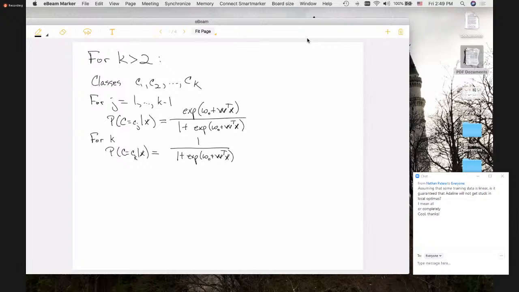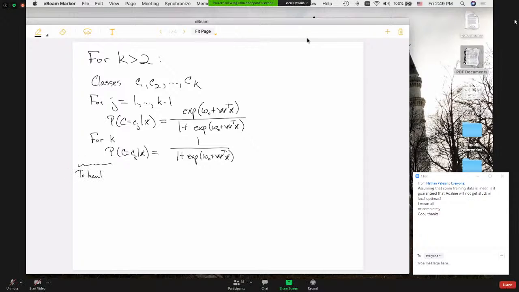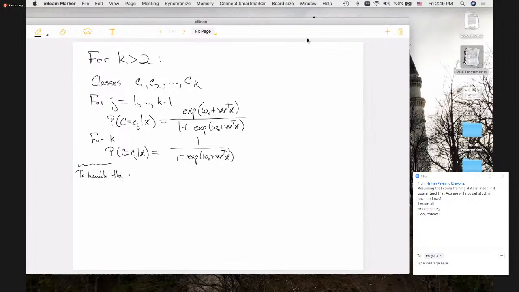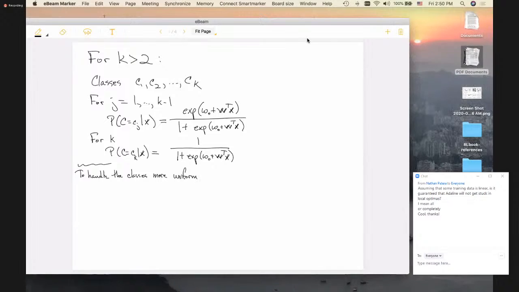Which was also what we had when we were dealing with the two-class case. All right, well, this is a little bit messy. So it has actually been suggested and is generally widely used that we want to handle the classes more, the word that the reading says is uniformly, but I want to be careful here because we're not talking about a uniform probability distribution.